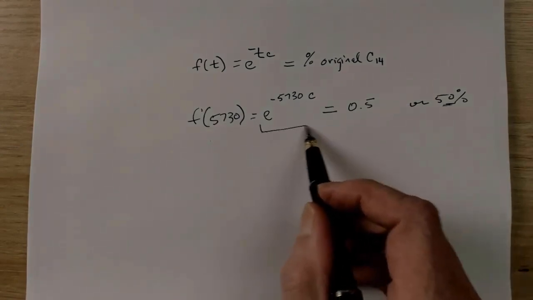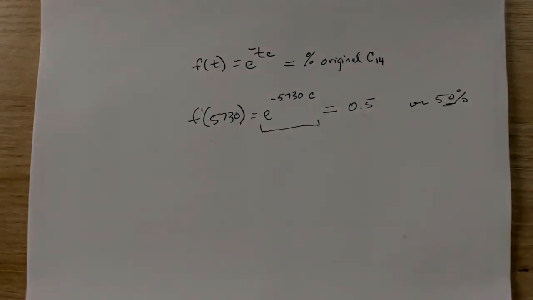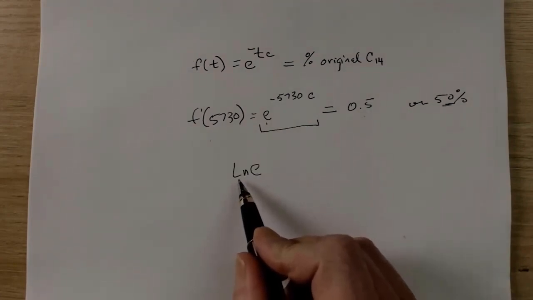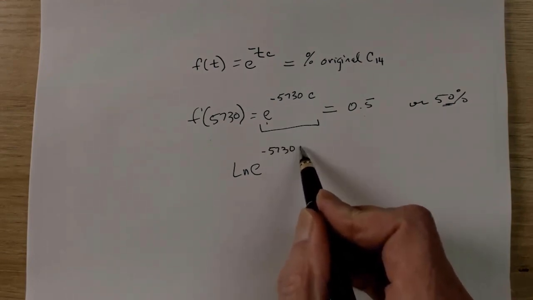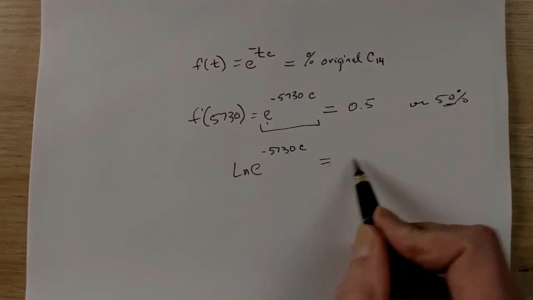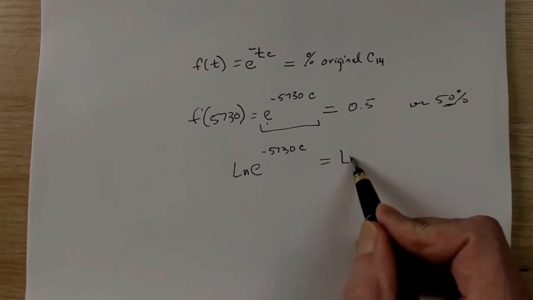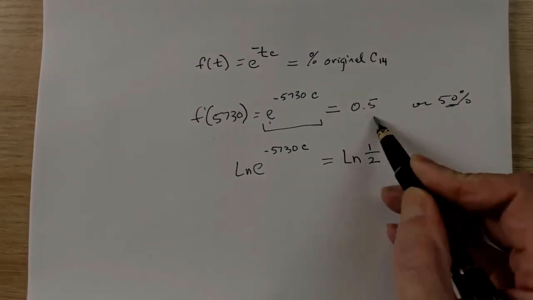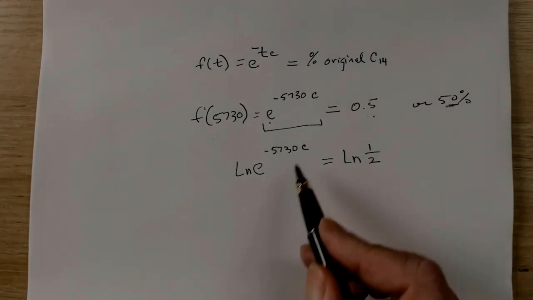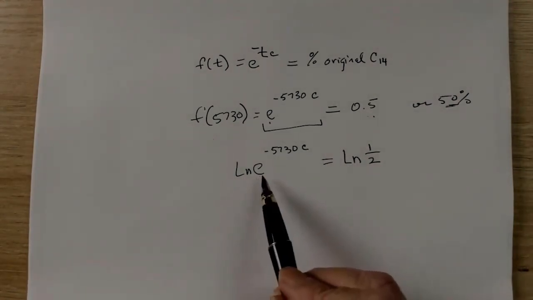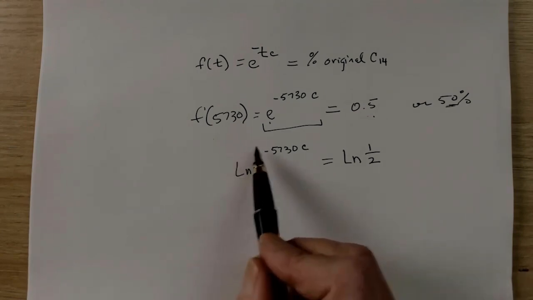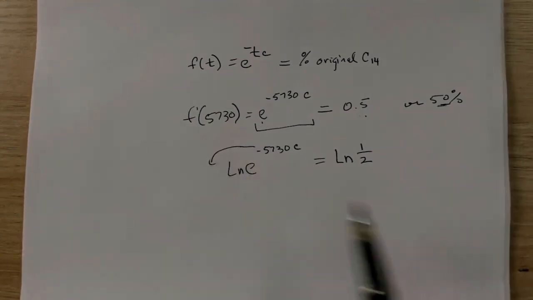Now let's look at this equation right here, because this is a little less complicated than you would think it would be. Notice that we have e here. Recall that if we take the natural logarithm of e raised to the negative 5,730 times c equals the natural logarithm of 1/2, which is what 0.5 is, we can actually solve for some of these things and figure out some stuff. Recall that if we're taking the log of a number that's raised to an exponent, we can bring that exponent around to the front.